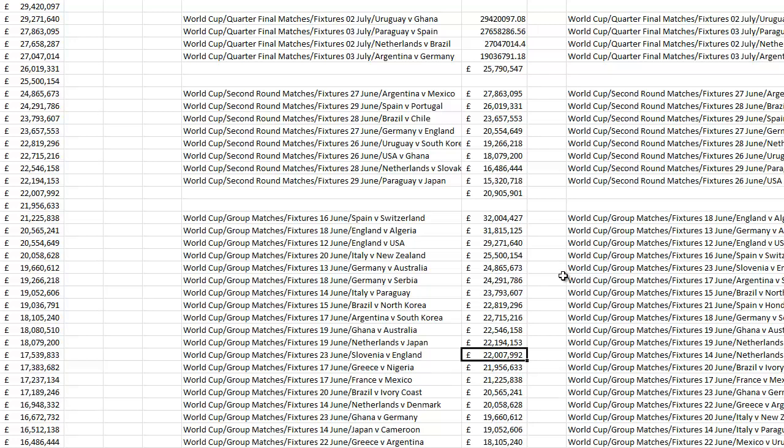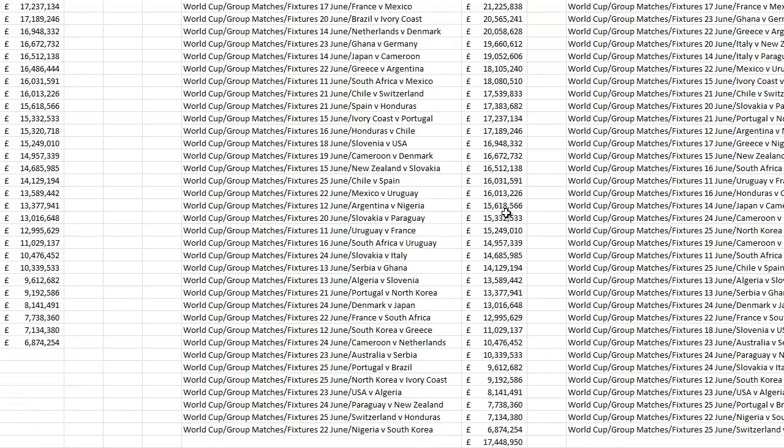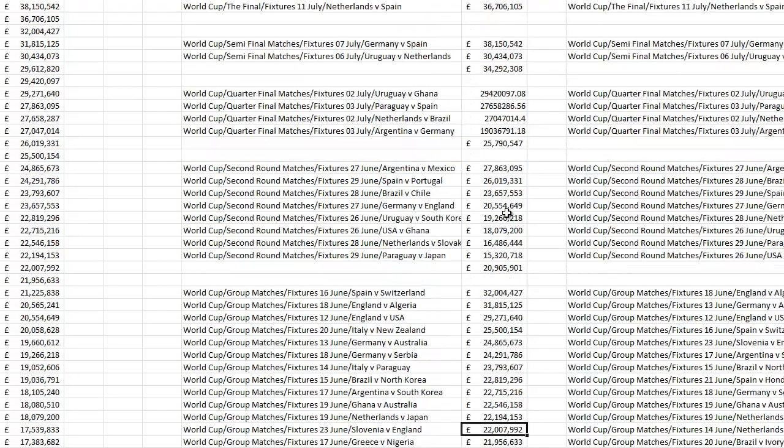There we go, Slovenia v England was right up on that list as well. So you can see there's a fair amount of activity on England matches during the group stages, and much less on matches that are not considered important by the population of England. So that was quite interesting as well.